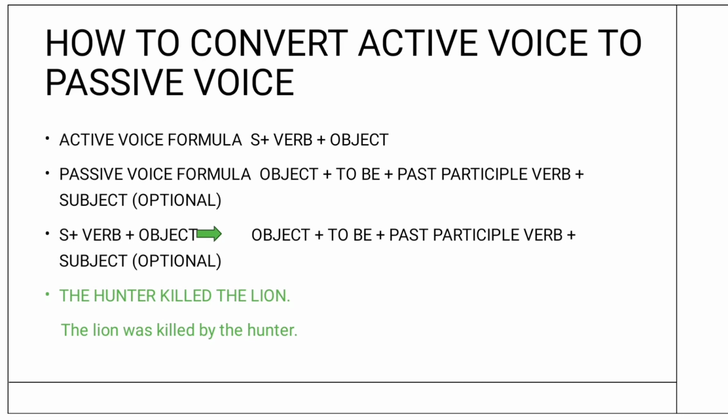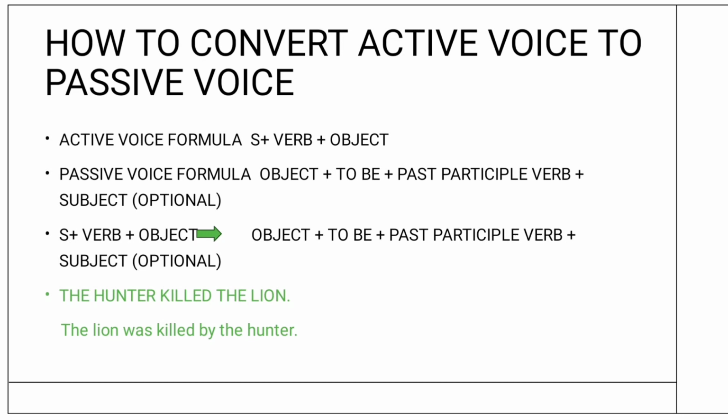So simply remember: subject plus verb plus object will convert into object plus to be plus past participle of the verb, plus subject at the end, which is optional. So it is the active voice sentence: the hunter is the subject, the verb is killed, the object is the lion. Subject plus verb plus object. So, the lion was killed by the hunter.